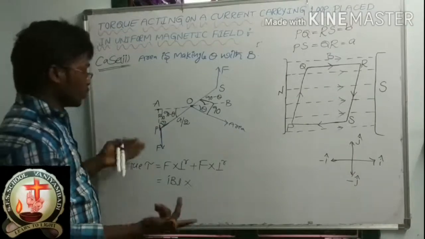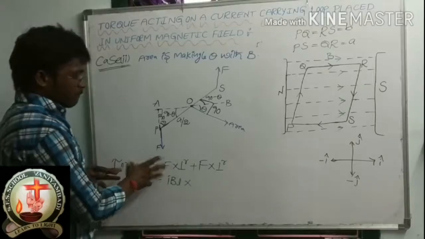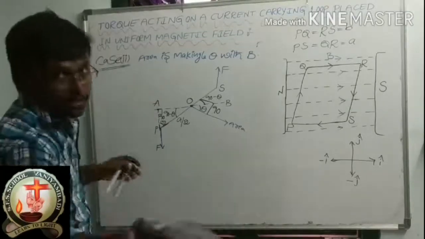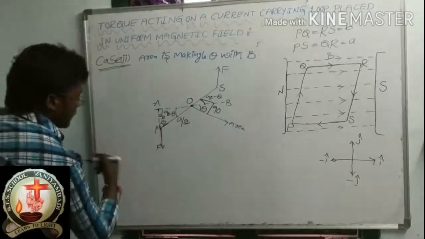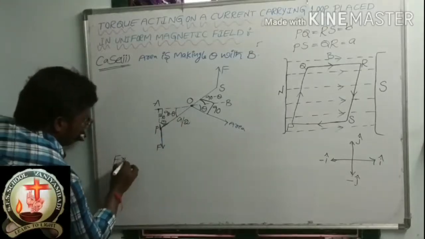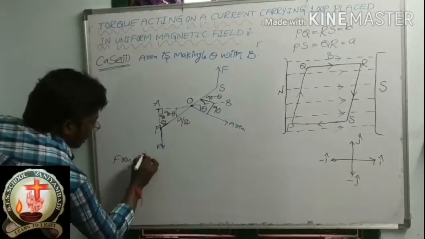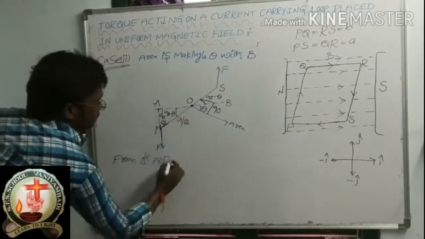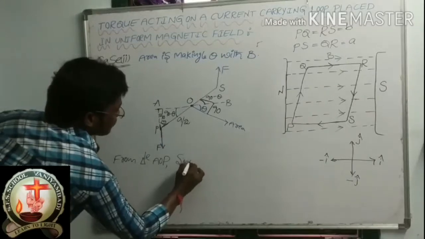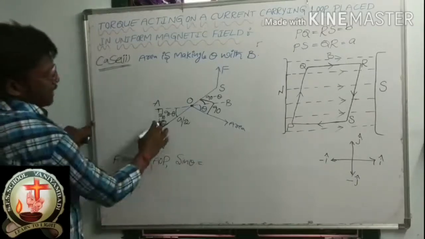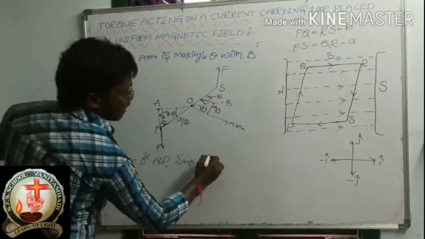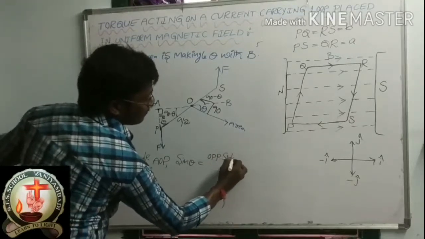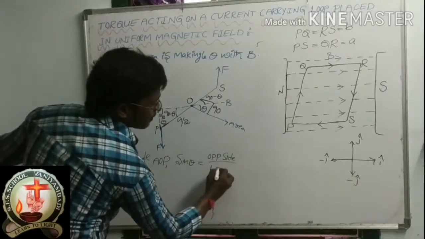Okay, so before writing this, we can find the perpendicular distance first. From triangle AOP, sin theta is equal to opposite side by hypotenuse.